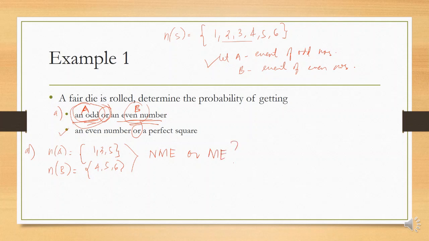You ask, can this happen at the same time? Can you have a die with a face that is both odd or even?